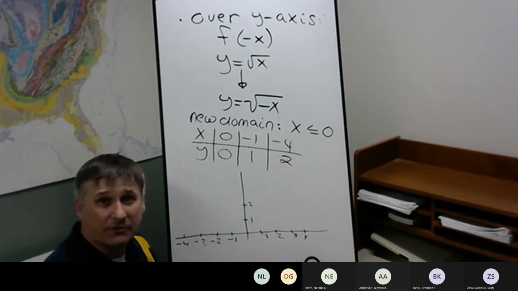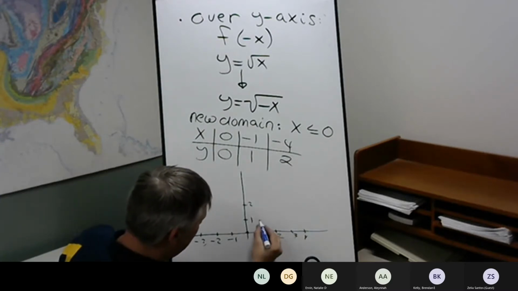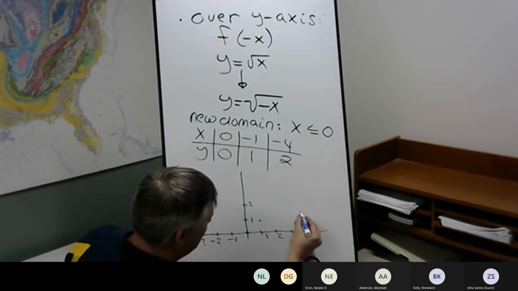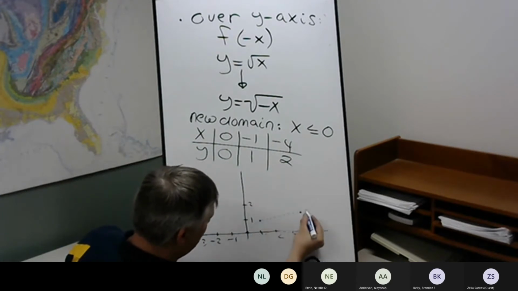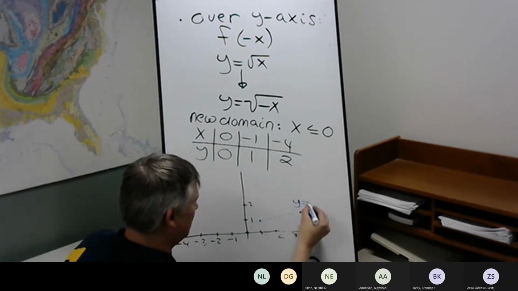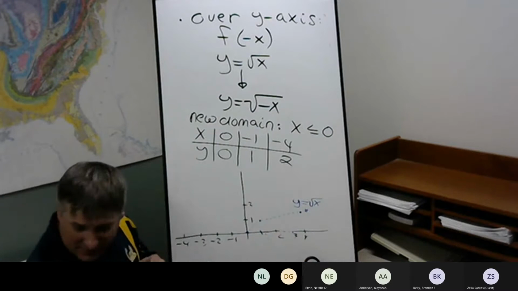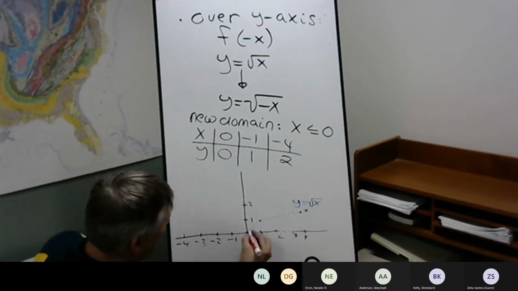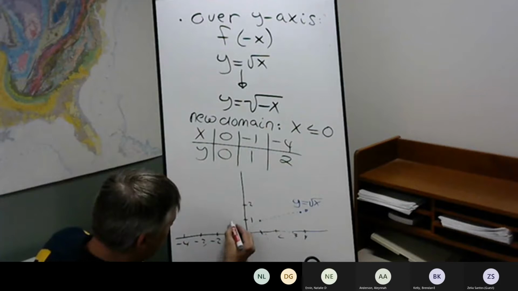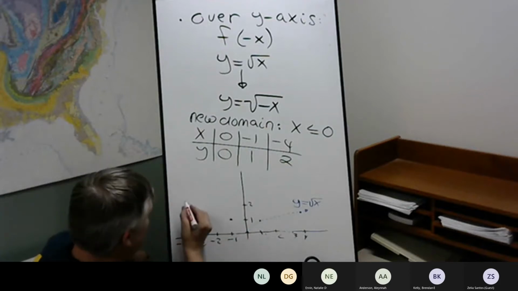So let's take a look at square root of x. Now let's take a look at the square root of -x. 0, 0, -1 and 1, -4 and 2.